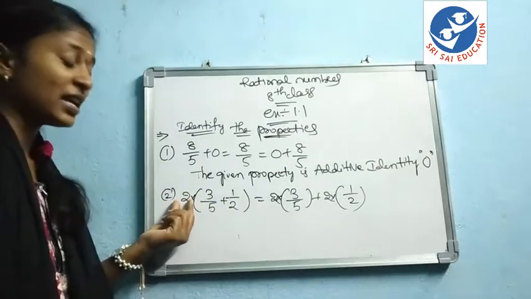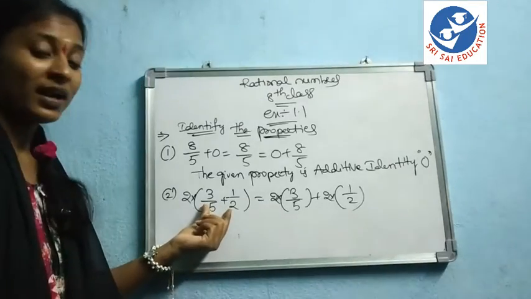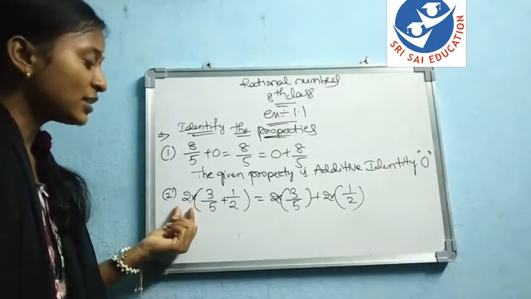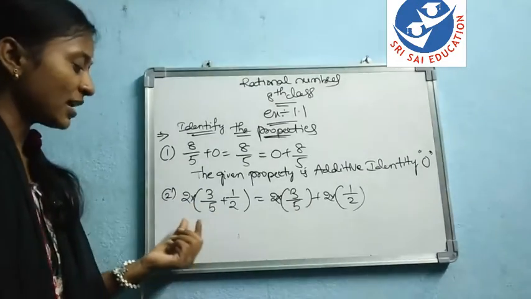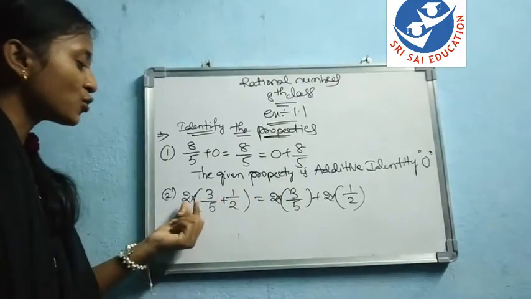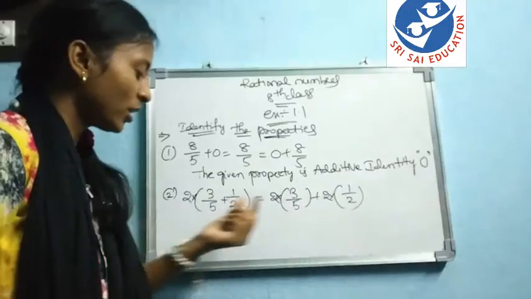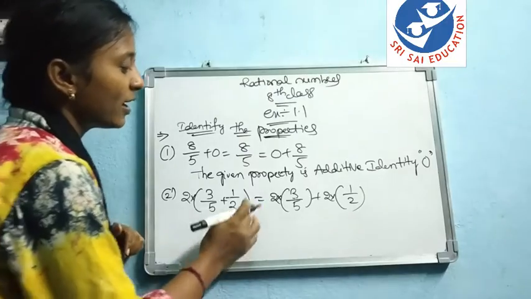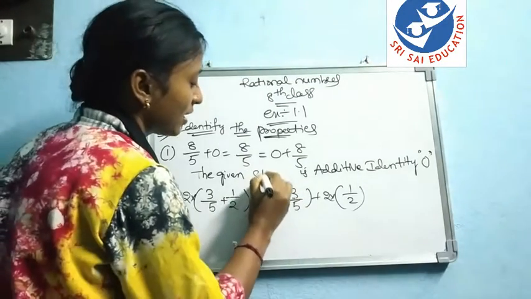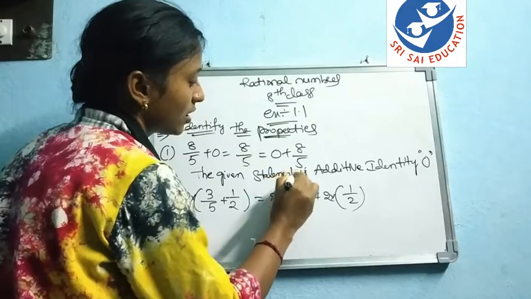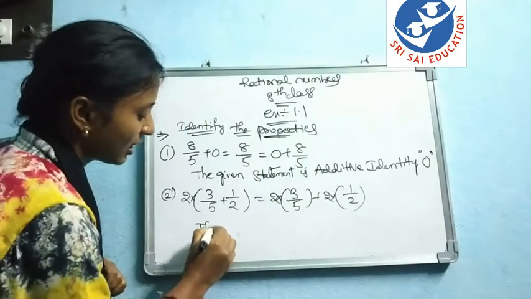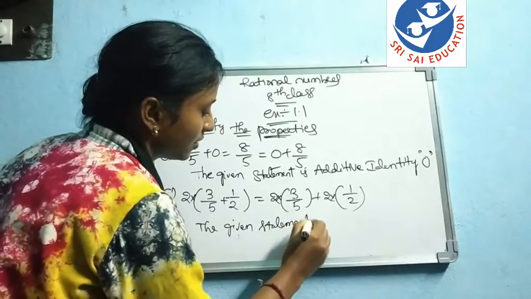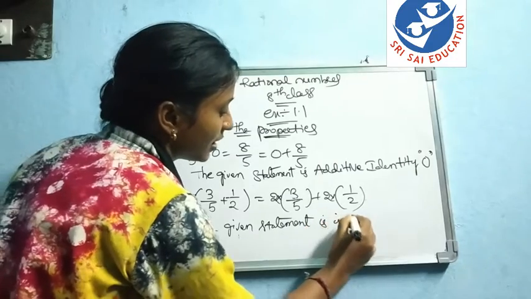The first number is distributed to the other two numbers: 2 into 3 by 5 plus 2 into 1 by 2. So the given statement is a distributive property.